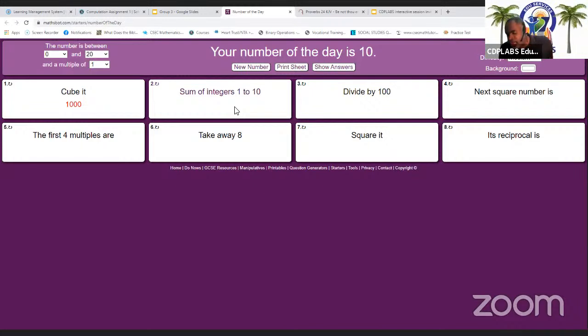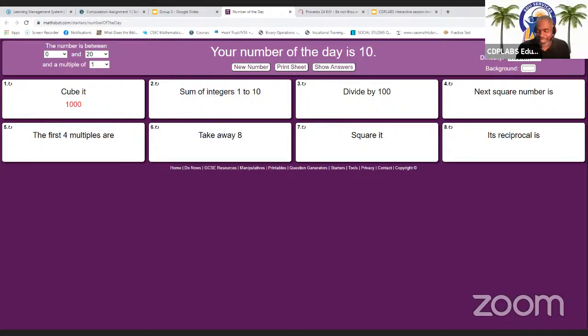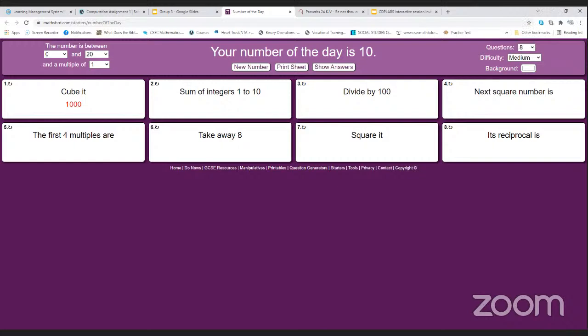Sum of integers 1 to 10. All right, Carlene, go ahead. Sir, could it be 55? 55. Going once, going twice. Let's see.